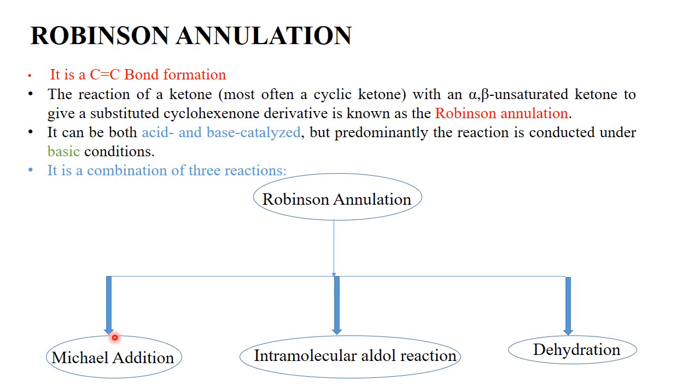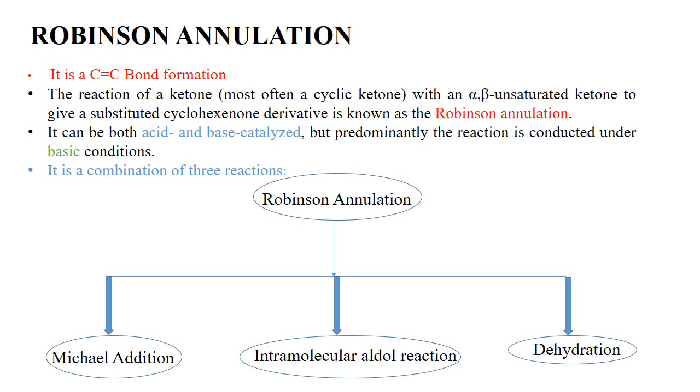It can be both an acid and base catalyzed reaction, but predominantly the reaction is conducted under basic conditions. Robinson annulation reaction is a combination of 3 reactions. The first reaction is Michael addition reaction, the second reaction is intramolecular aldol reaction, and the third reaction is the dehydration reaction.